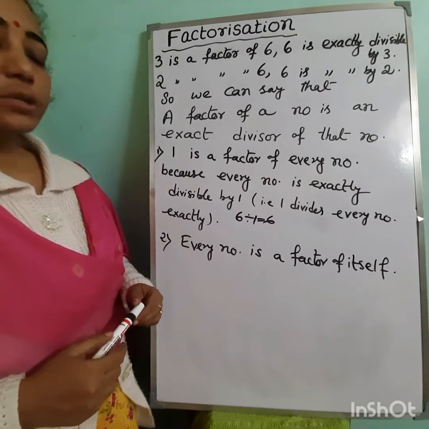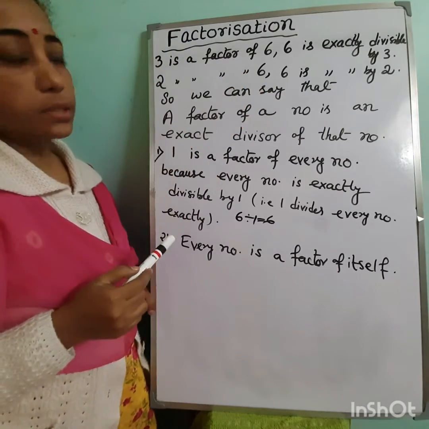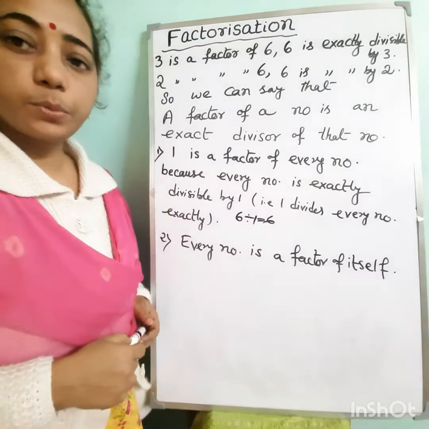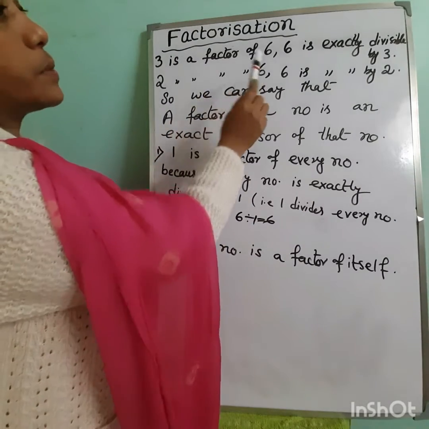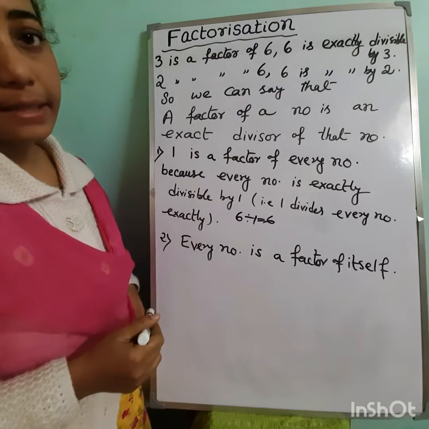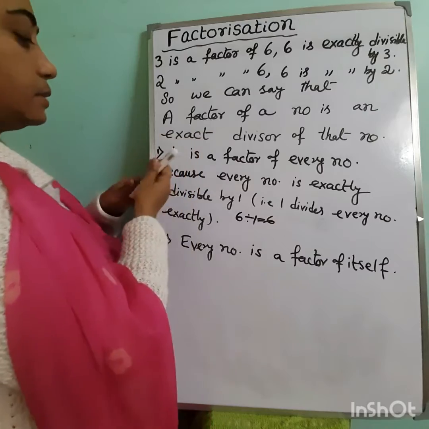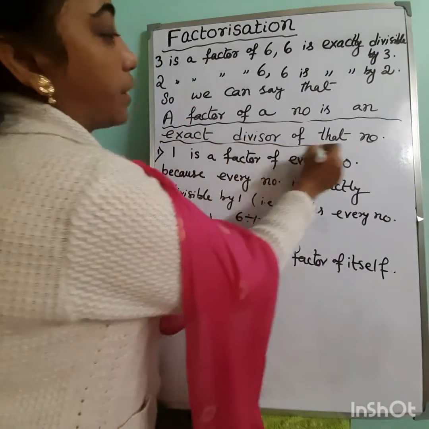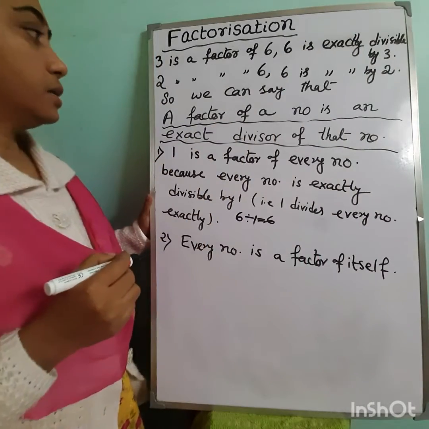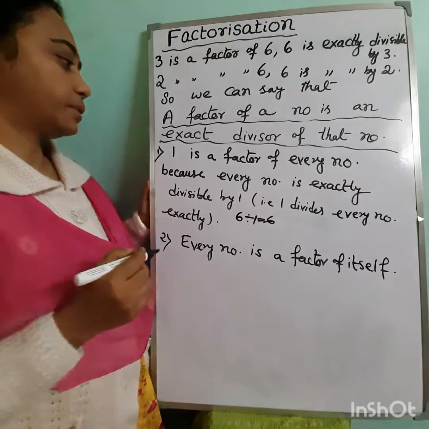Now in other words, we can also say that 3 is a factor of 6 because 6 is exactly divisible by 3 without leaving any remainder. 2 is a factor of 6 because 6 is exactly divisible by 2. So we can say that a factor of a number is an exact divisor of that number.